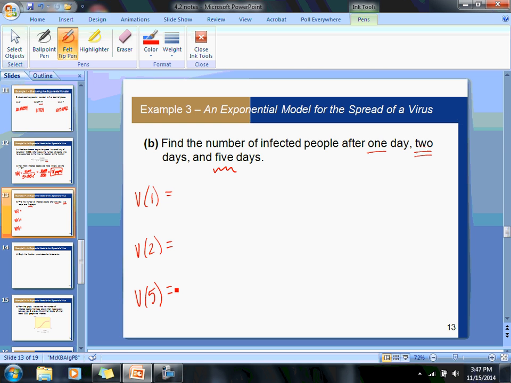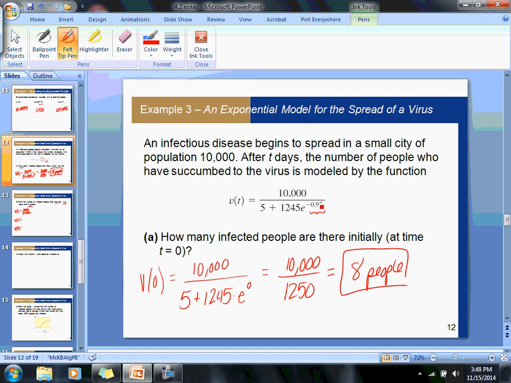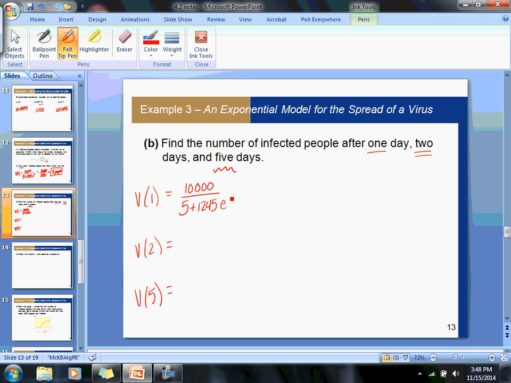But basically, we're going to substitute that information into our function. So we had 10,000 over 5 plus 1245 times e to the negative 0.97. Okay, so negative 0.97 times 1 is going to be negative 0.97.